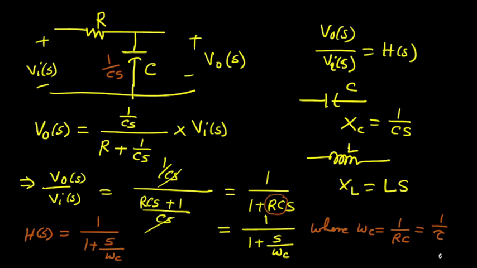So let us try to draw these things. So what is H of S we have obtained? H of S we have obtained 1 over 1 plus S over omega c. This is the form. So to get the magnitude plot or frequency response, we replace S by j omega.